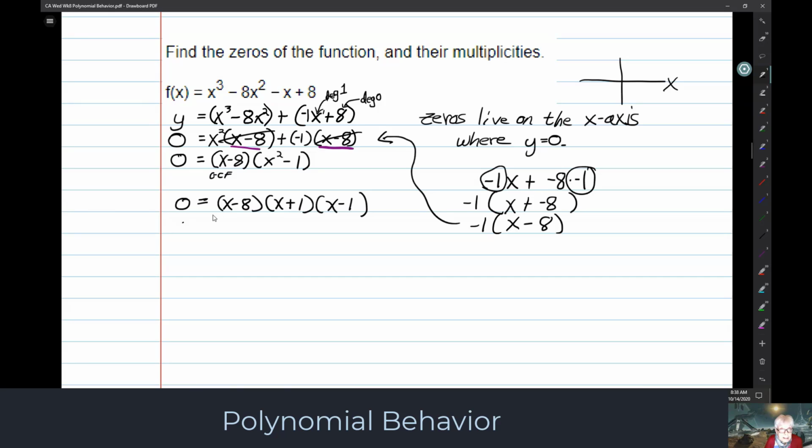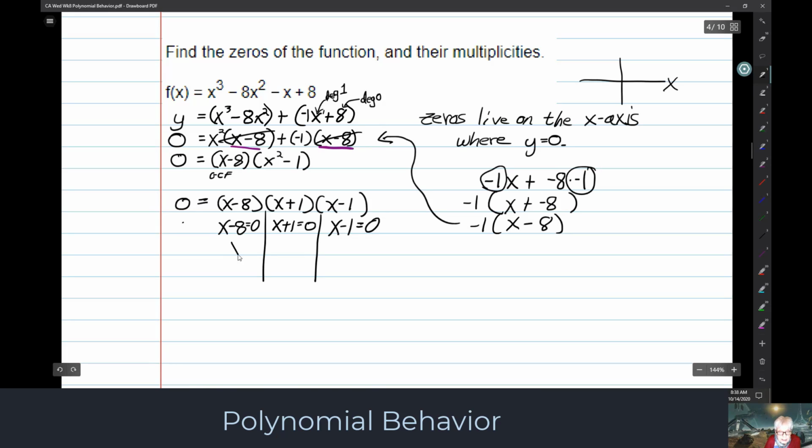Now what we do is this. When you have solved a higher order equation by factoring, and you've got a bunch of factors, you set each factor equal to 0 and solve for x in each one of them. X minus 8 equals 0. X plus 1 equals 0. X minus 1 equals 0. And then you solve.